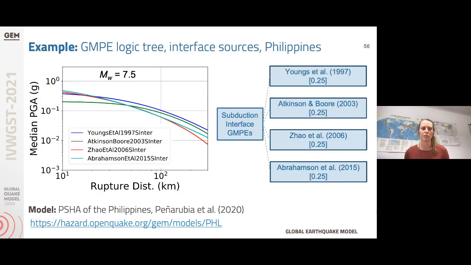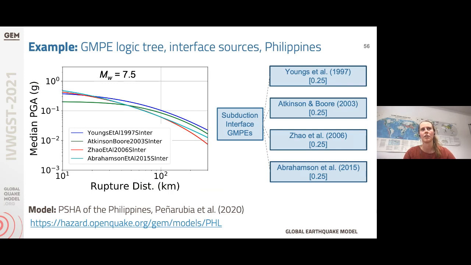Moving to the ground motion side, this example shows the GMPE logic tree for subduction interface sources in the Philippines. And in this case, there were 4 different GMPEs that were used to model the ground motions for interface earthquakes. And shown on the left here is comparative scaling of those 4 GMPEs for PGA for a magnitude 7.5.